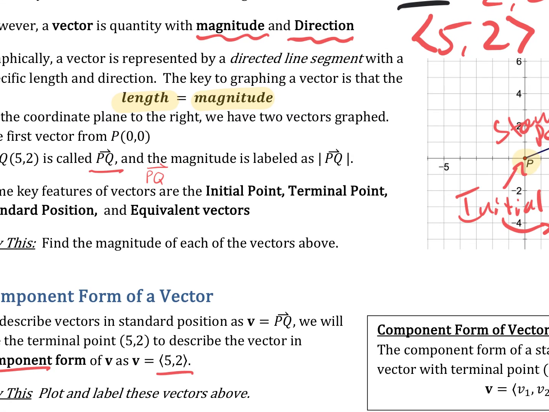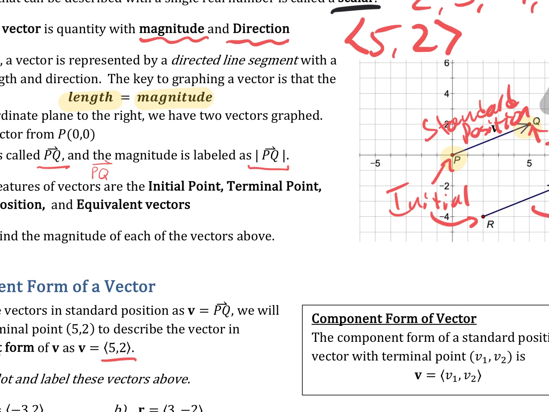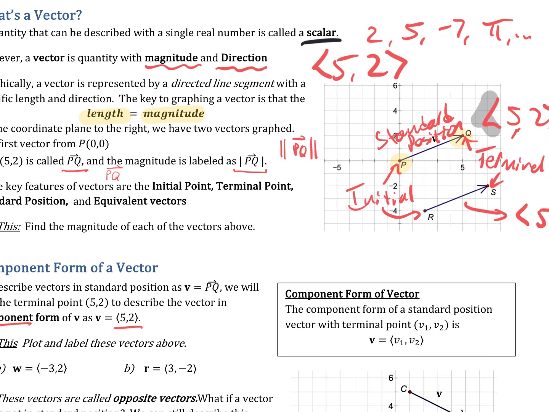We can describe the magnitude of PQ, the length of PQ, with absolute value bars, or sometimes you'll see it written as PQ with two bars, so it can be written both ways. That means the magnitude, which, as we said, is the length.